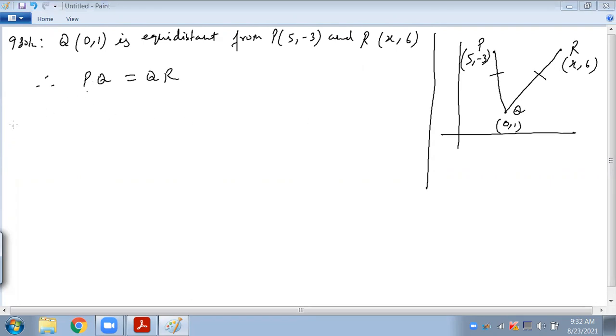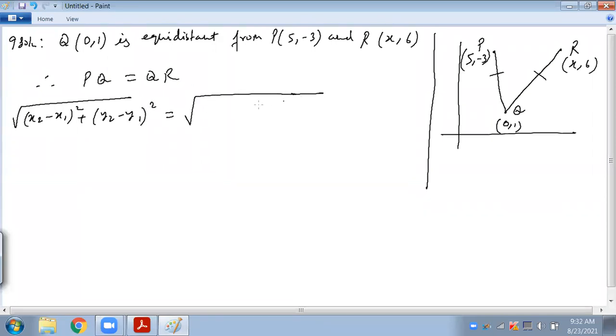Now PQ means the square root of (x2 minus x1) square plus (y2 minus y1) square, and again QR will be the same thing. Now which one to take, x1 y1 or x2 y2? Look here, in R there is x.